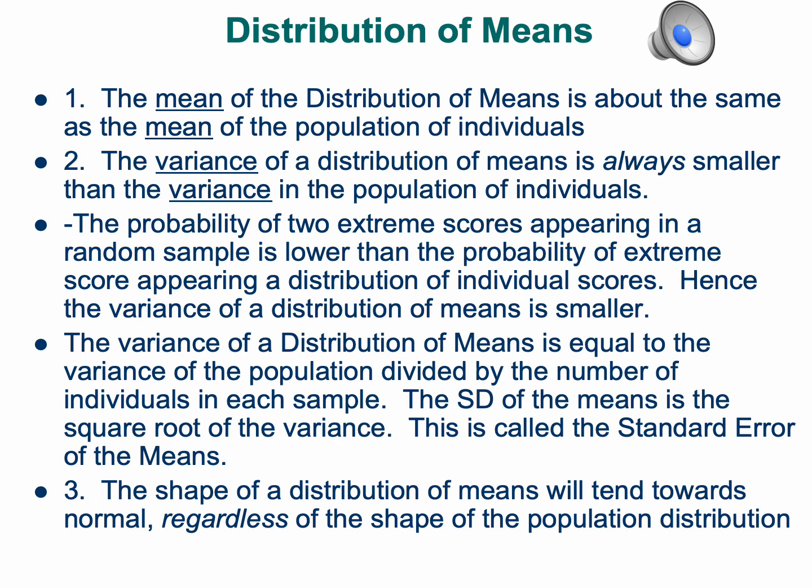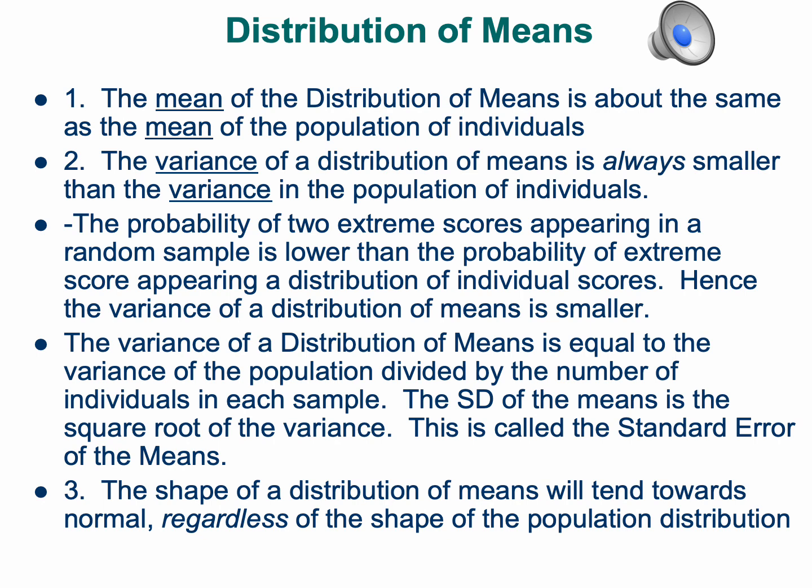The mean of the distribution of means is about the same as the mean of the population of individuals. So the mean is going to be determined to be very close to the mean of the population of individuals. So the mean of the distribution of means is almost identical to the mean of the population we're going to make inferences about.